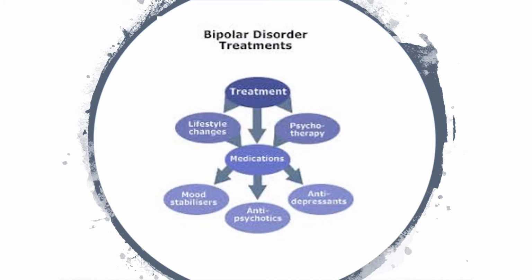So we're going to start talking about medications for bipolar disorder. It's also important to remember that patients with bipolar disorder require significant psychotherapy. So whether it's individual psychotherapy or group counseling, it's very important for them to maintain that aspect of the therapy. They often need lifestyle changes.